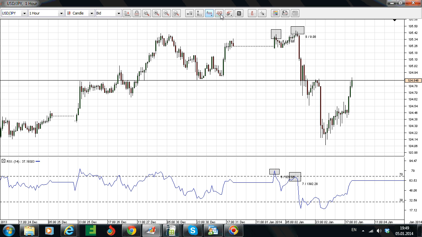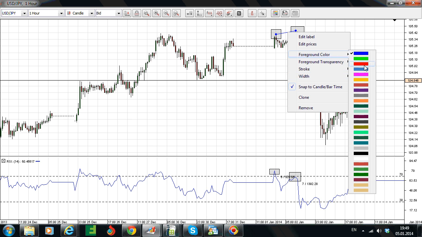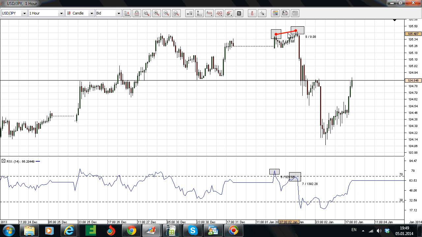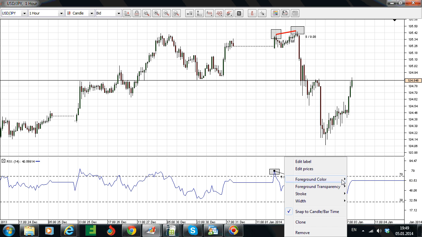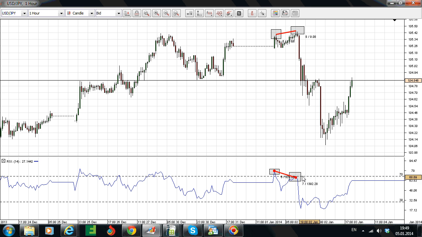Therefore, if you take a trend line and you connect the two highs there, and if you take the same trend line and look at the RSI on the same move, you see that one is rising, indicating two different highs for price, and the other, for the oscillator, is actually decreasing, indicating that you don't have the second high confirmed. Therefore, this is being called a divergence, and this is being called a bearish divergence.